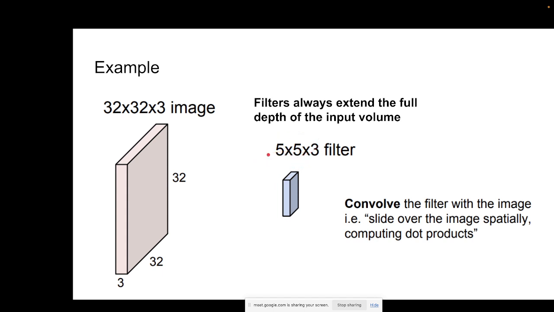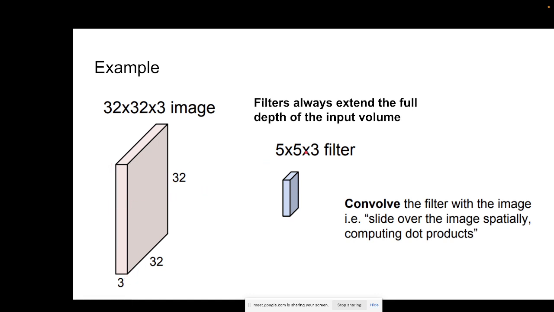If you want, you can even choose 50x50, for example, but the third is not up to you, this depends on the input. So this is the general size of a filter, and why this 3 is required. You have to understand and remember for the rest of your life that this is always fixed to be the depth that you see here.